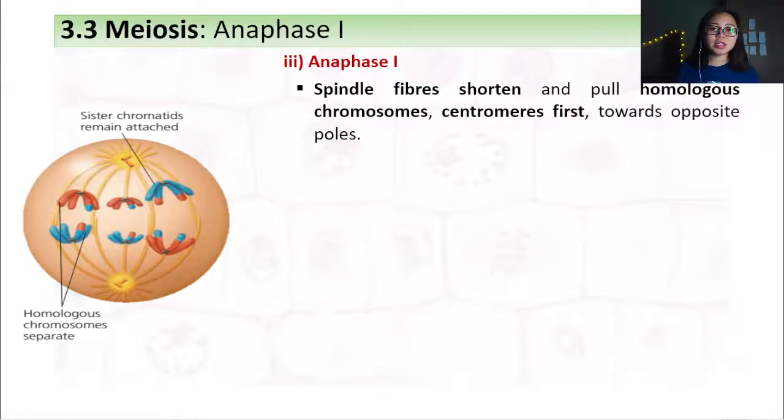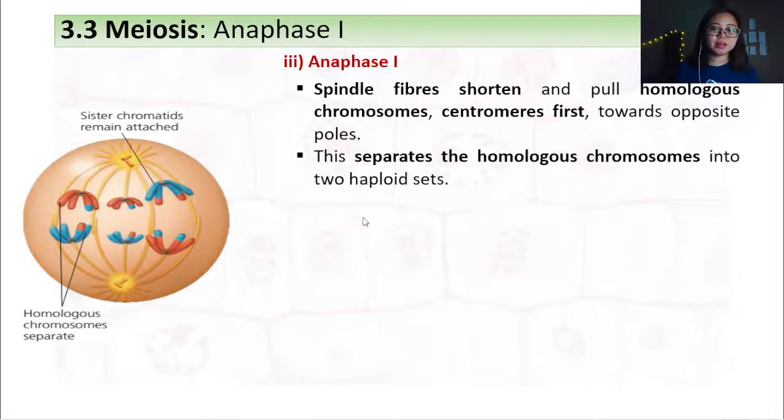This is the stage where spindle fibers will shorten and pull homologous chromosomes, centromeres first, towards opposite pole. Di fasa ini, spindle fiber mengecut, memendek, dan dia akan tarik homologous chromosome. Centromeres first dia means dia menarik daripada centromere menghadap kutub bertentangan.